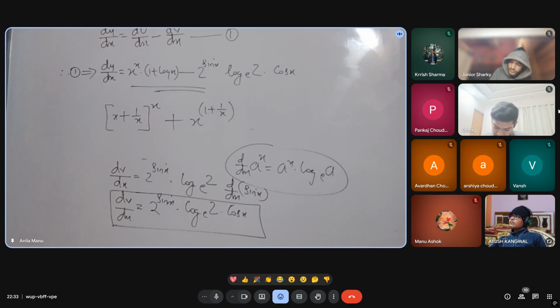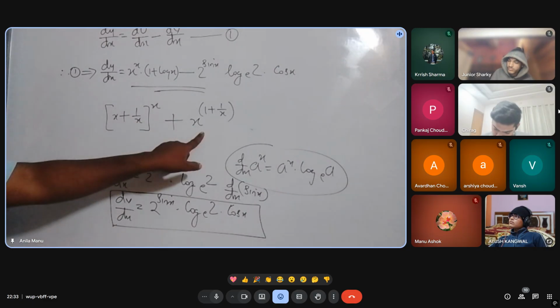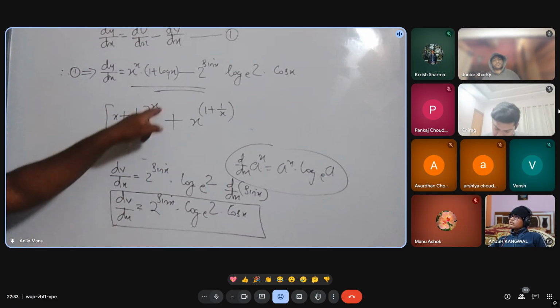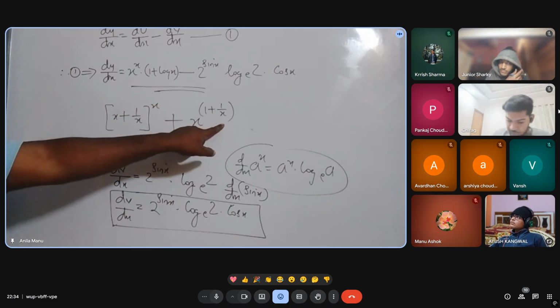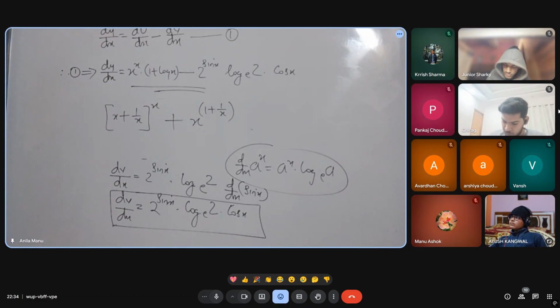This also you understood, right? It is not a product of two functions or a quotient of two functions; it is a sum of two functions. This is the first function plus the second function. So first of all take the given function as y.